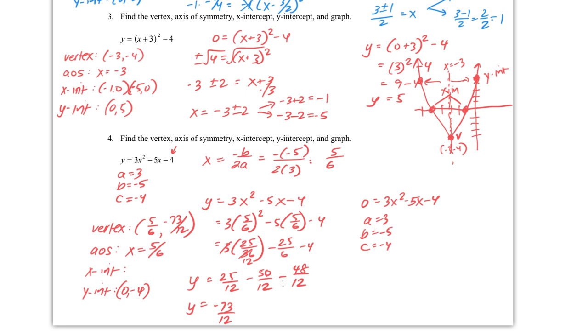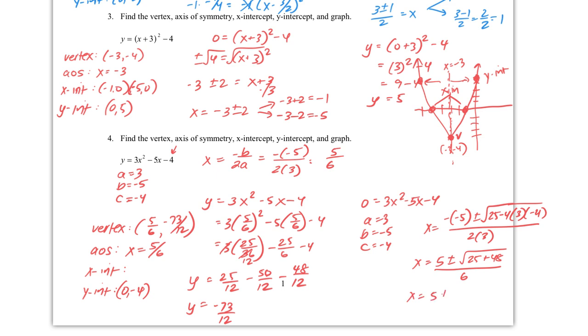So I'm going to do x equals the opposite of b, plus or minus the square root of b squared minus 4 times a times c, all over 2 times a. So we keep doing the math here. We get positive 5, and this is going to be 25 plus 48, all over 6.